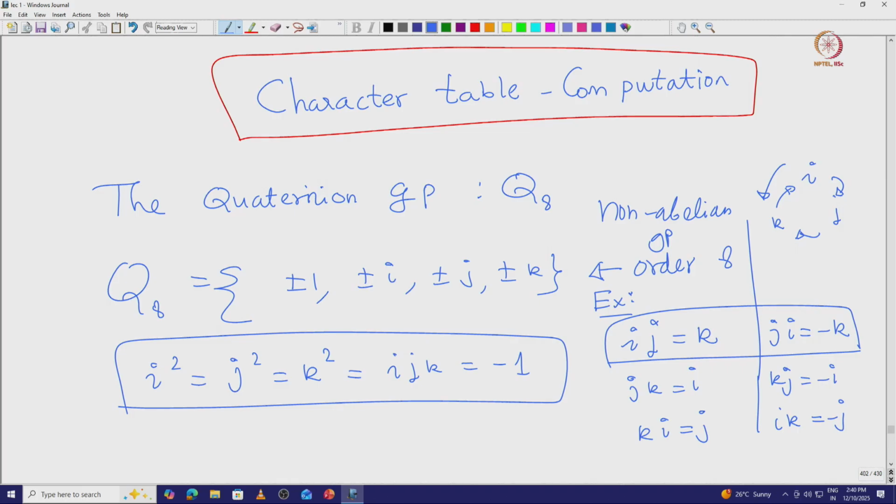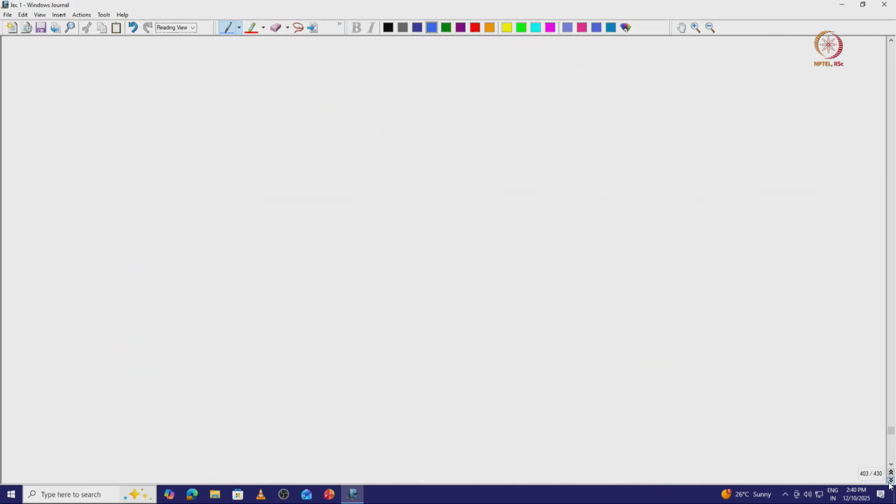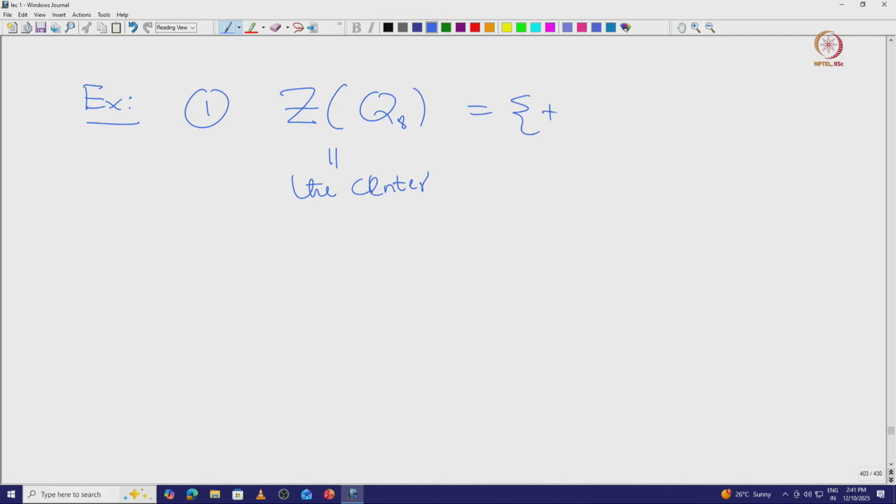Now, one can prove that the center of the Quaternions is going to be plus or minus 1. All these basic facts that I am going to recall from group theory, I am going to leave it to you to check. The center of the Quaternions is exactly plus or minus 1, and the center is the same as the commutator subgroup.